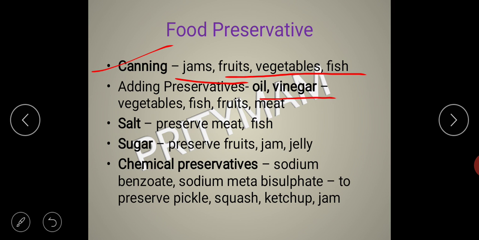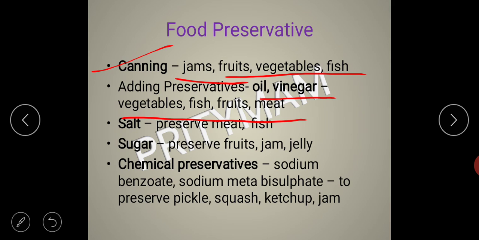Food materials are pickled in oil, you might have seen that, and vinegar to store them for a long time. The things that we store this way are vegetables, fish, fruits and meat. They can be preserved in this way.